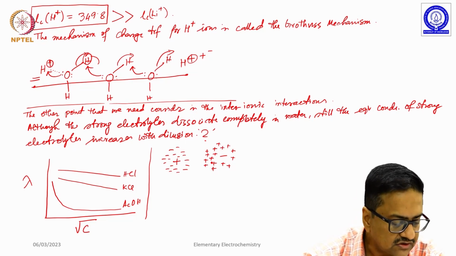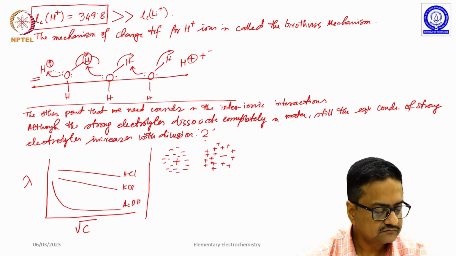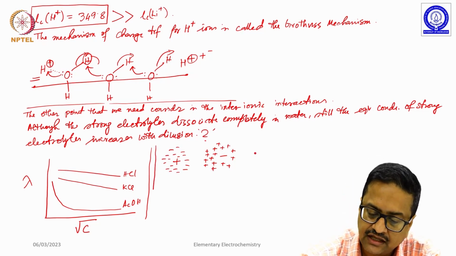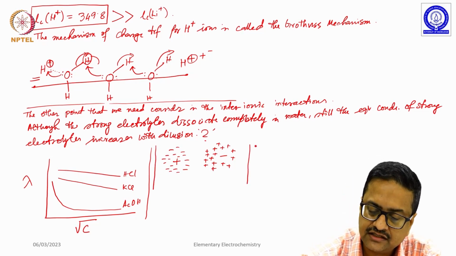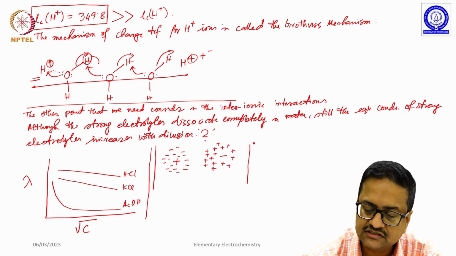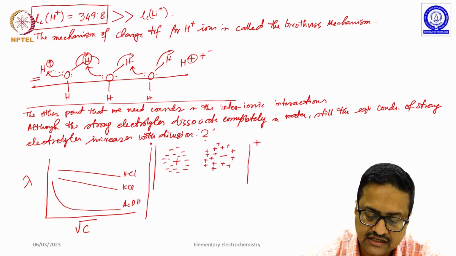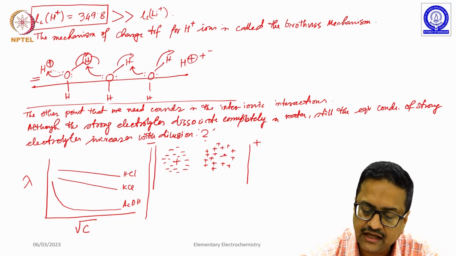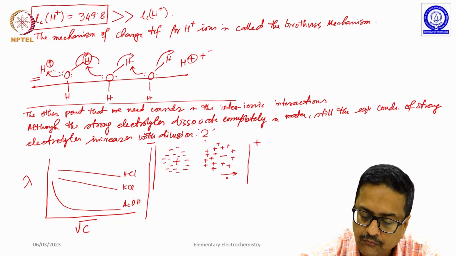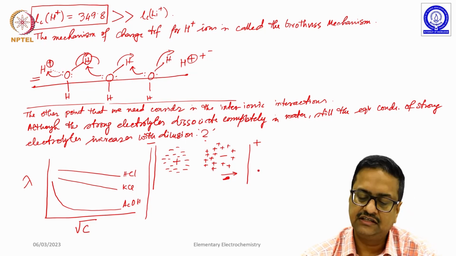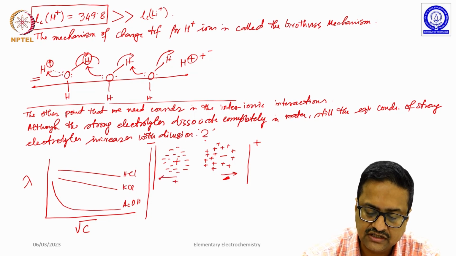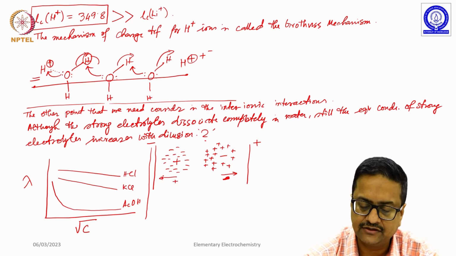So, now when you try to apply a potential difference across these ions, suppose this is the positive electrode and this is the negative electrode, what will try to happen is that the anions, the negative ions, will tend to move towards the positive electrode and the positive ions will tend to move to the negative electrode.